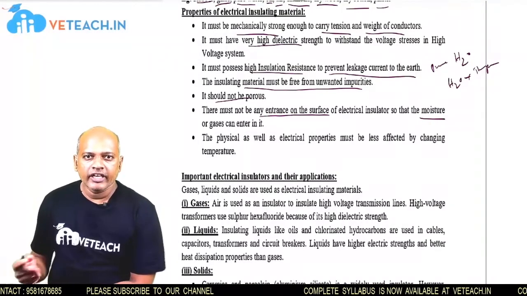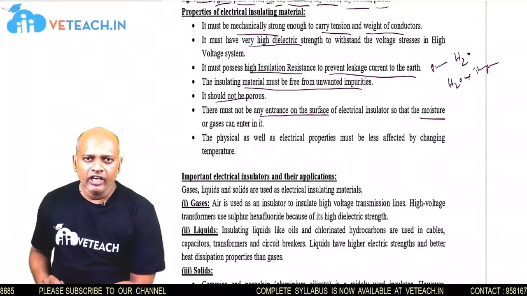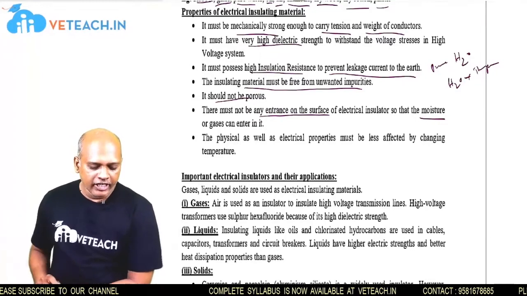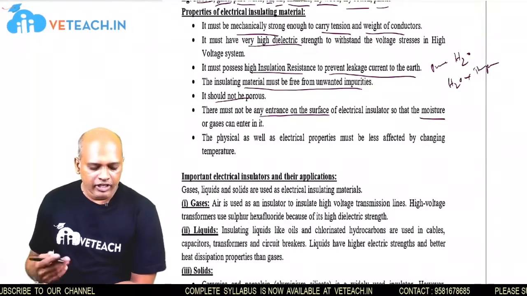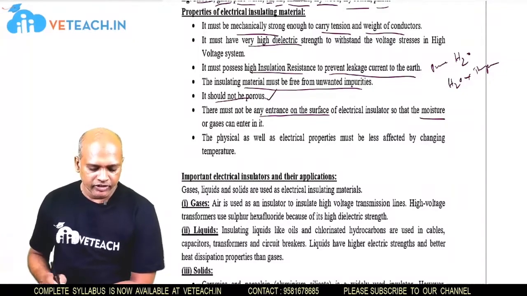If moisture or gases pass onto the surface of the electrical insulator, its insulating capacity decreases. So it should not be porous in nature. Porous means it contains holes on the surface.